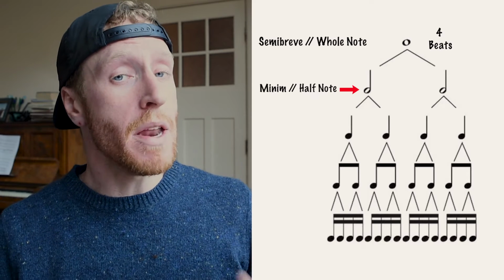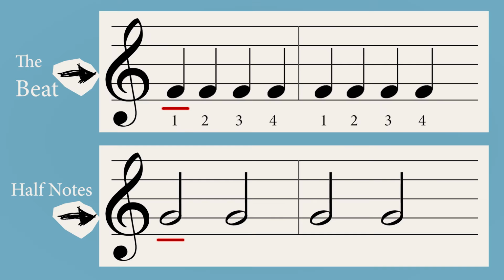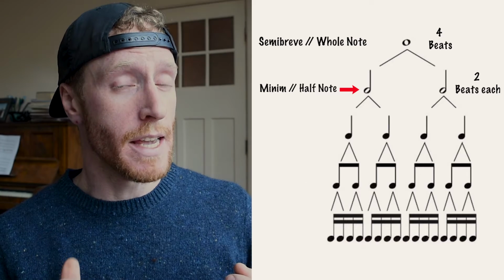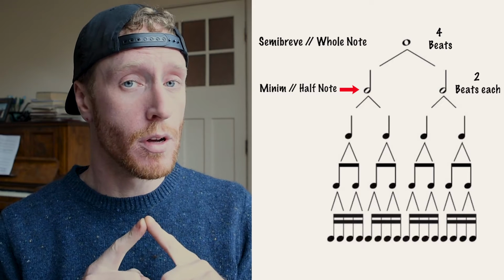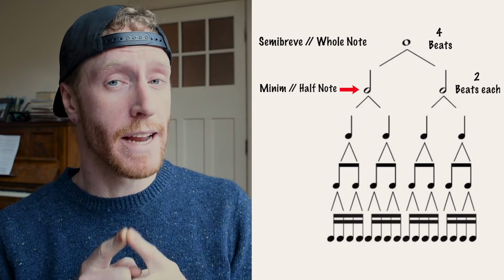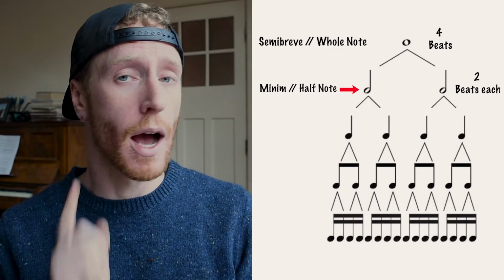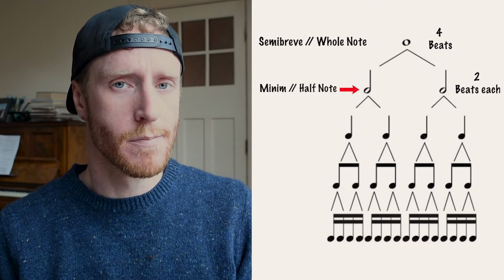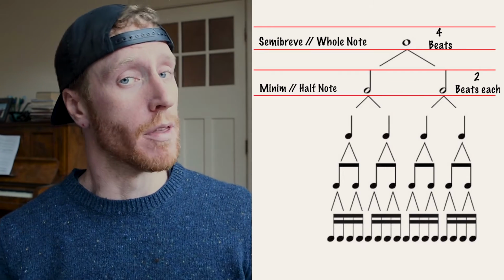Now this is a minim, or a half note, and it goes for 2 beats. And we can see if we have 2 of those, and we add them together, 2 plus 2, it equals 4. So for the amount of time it takes us to play a whole note, we could play 2 half notes. Makes sense? So both of these lines are both 4 beats of rhythm.